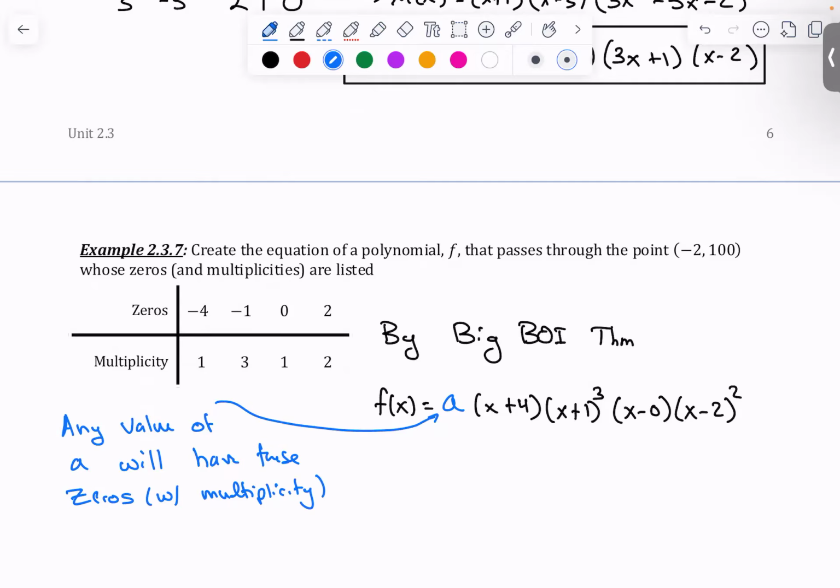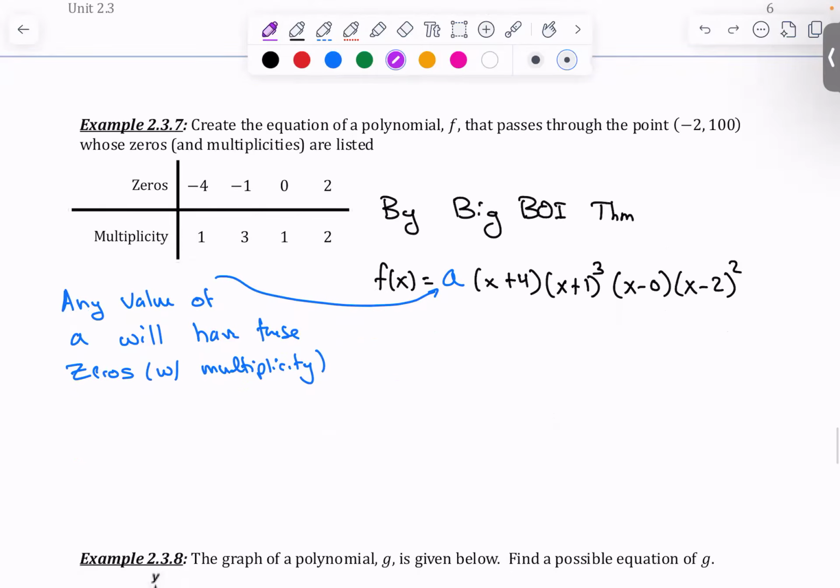However, we want a specific A value such that when we plug in x equals -2, we get a y value of 100. So there are infinitely many polynomials that have these zeros and these multiplicities, but there is only one polynomial that has those zeros and multiplicities and goes to the point -2, 100.